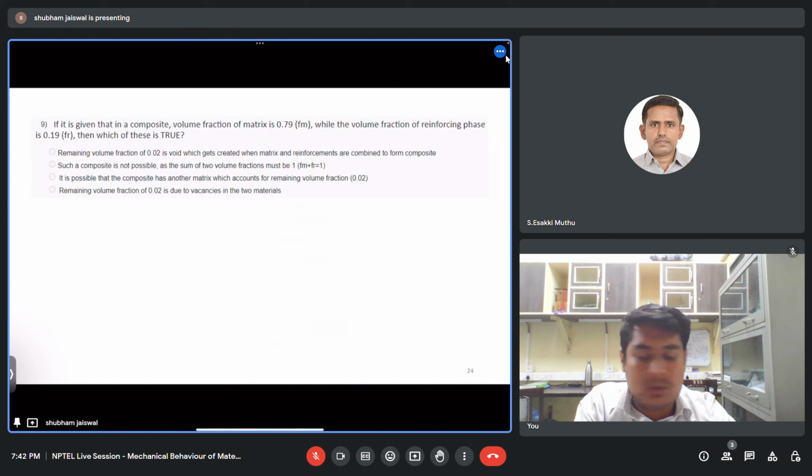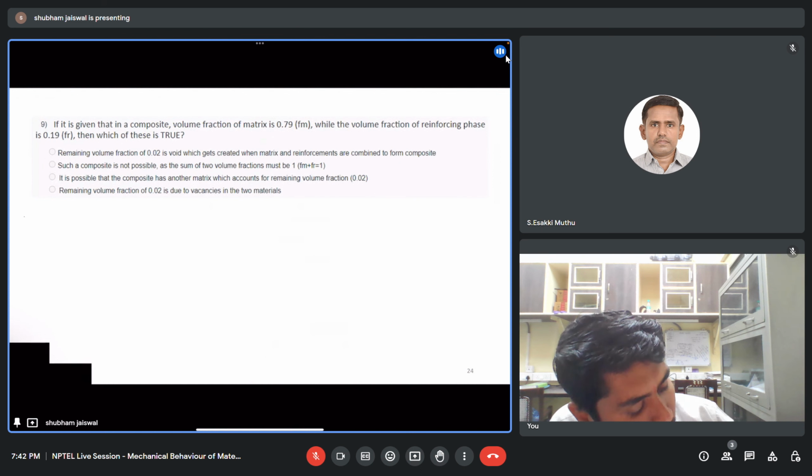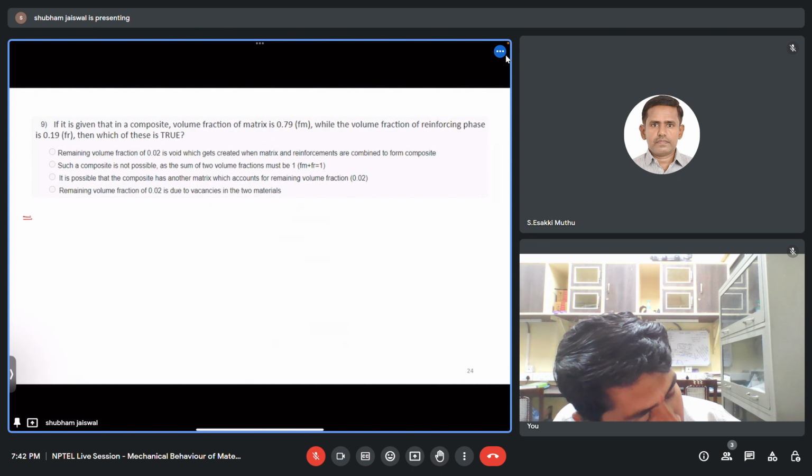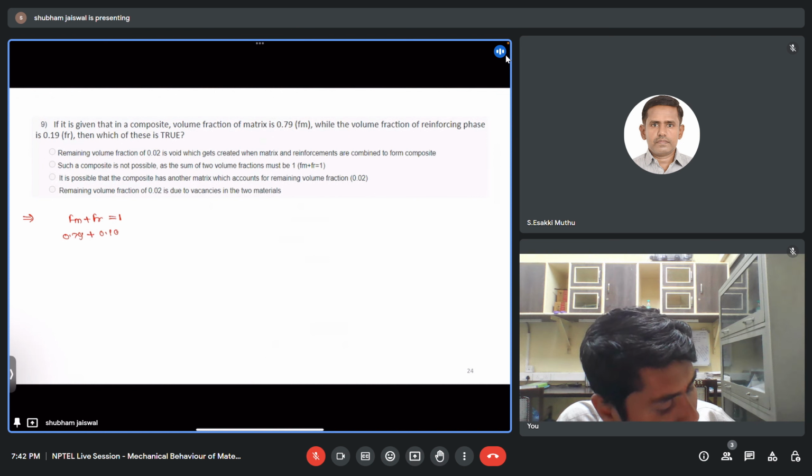Here the sum of the volume fractions should be equal to 1. So let's say Fm plus Fr should be 1. It means here we have 0.79 plus 0.19, which is not equal to 1. It means we have a 0.02 error.